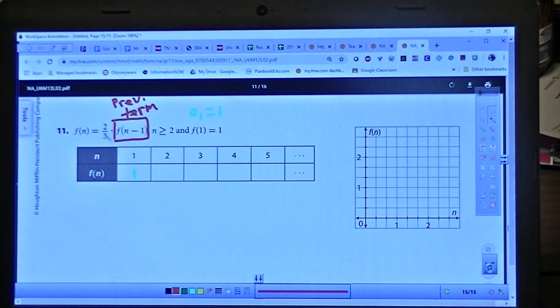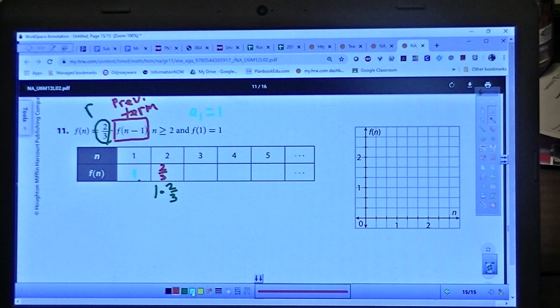I'm going to multiply it times 2/3. Okay, so that is your ratio, your R value. Okay, so to get this guy, we're going to do 1 times 2/3. Well, that's 2/3.